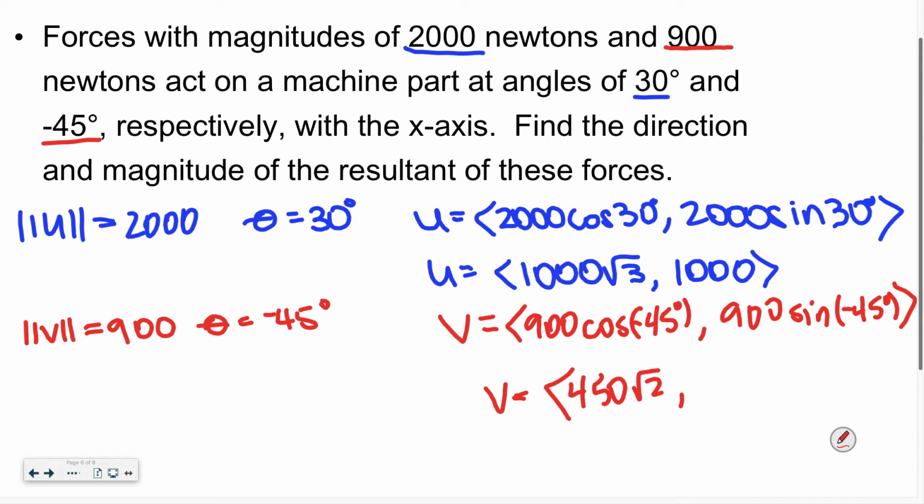And the sine of negative 45 degrees, sine is negative in the fourth quadrant, so we have negative radical 2 over 2 times 900. Okay, so here are the components of our two vectors. Now, these vectors are acting simultaneously on this machine part, essentially creating one force, so that's what we're going to determine. Okay?